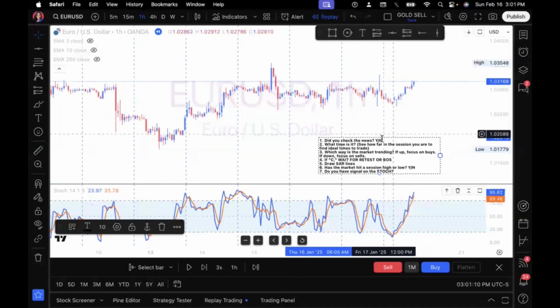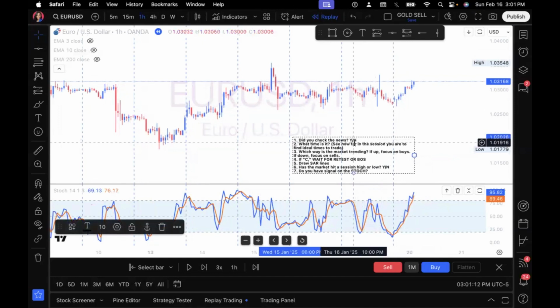The next thing we want to do is see which way the market is trending. If the market is trending up, we want to look for buys. If the market is trending down, we want to look for sells. And if the market is consolidating or moving sideways, like we see here, there's not really any real direction. We would want to wait for either a retest or a break of structure.